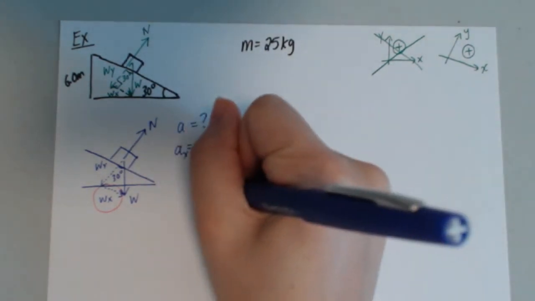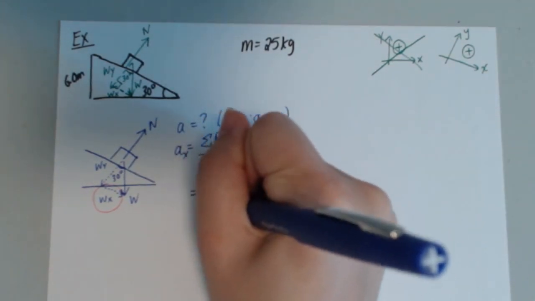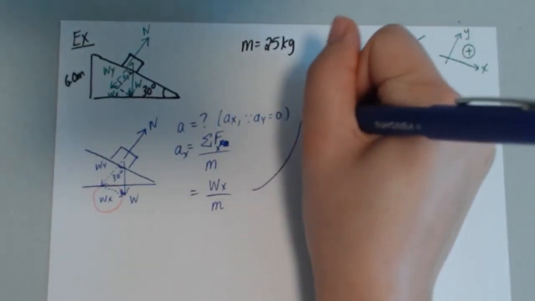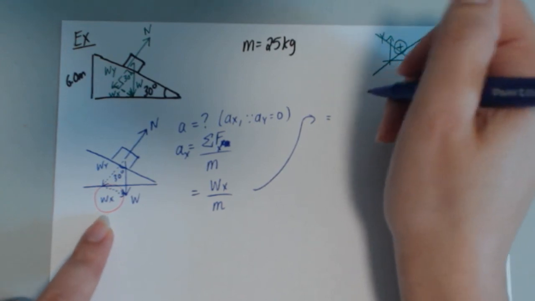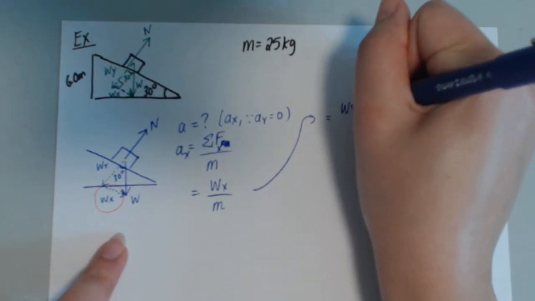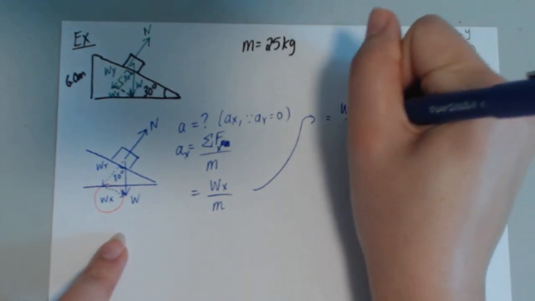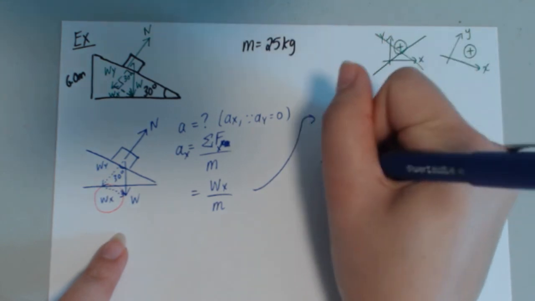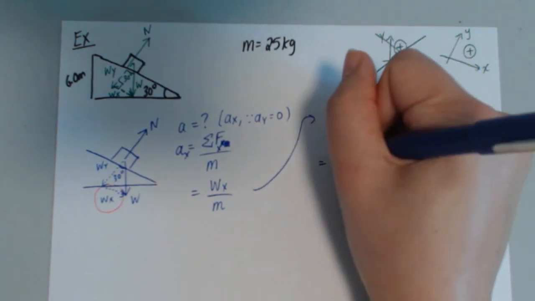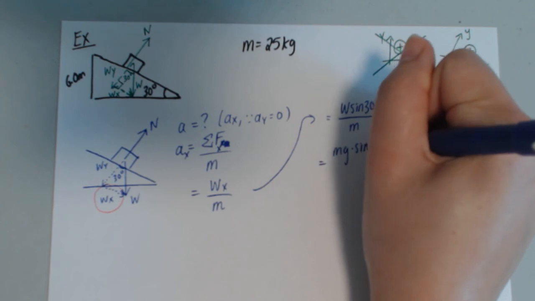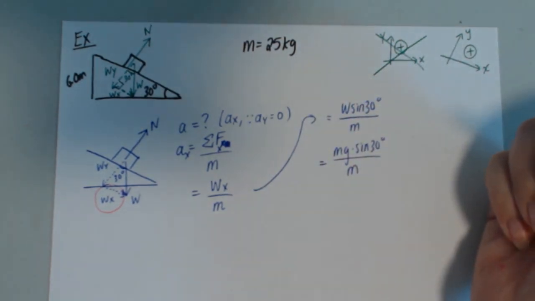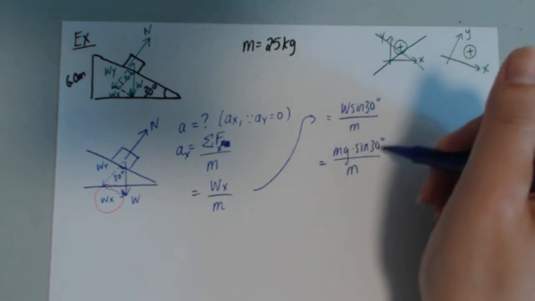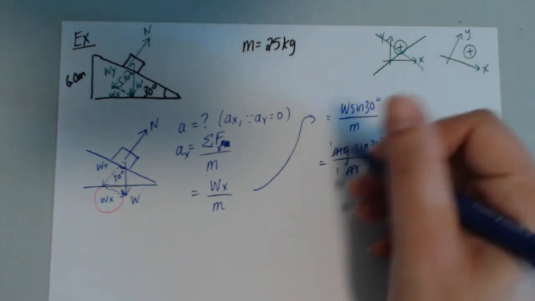So acceleration is going to be equal to Wx divided by m, and Wx is W sine 30 degrees. And W is equal to mg, so that's mg sine 30 divided by m. Notice I have mass in the numerator and denominator, so this cancels.